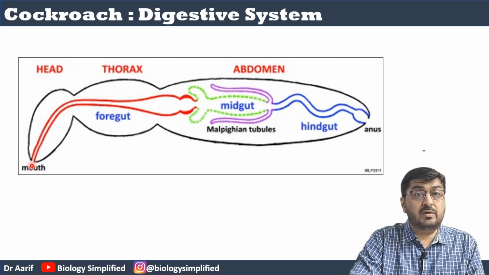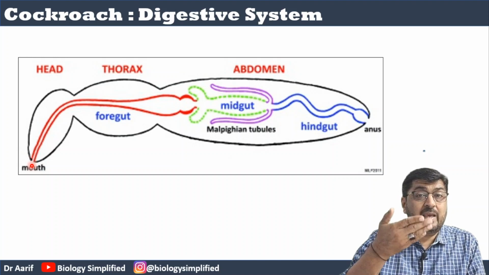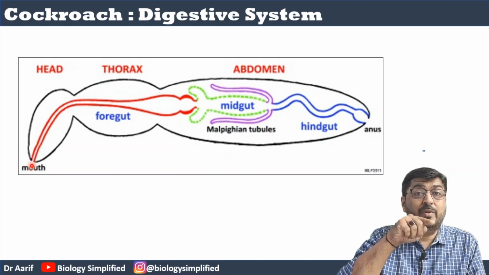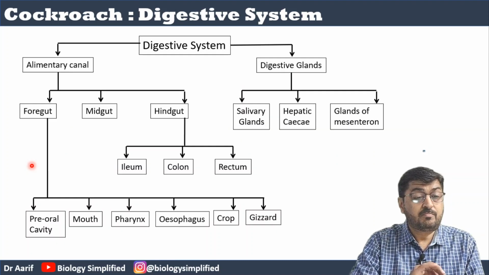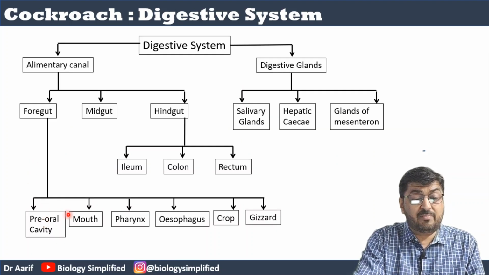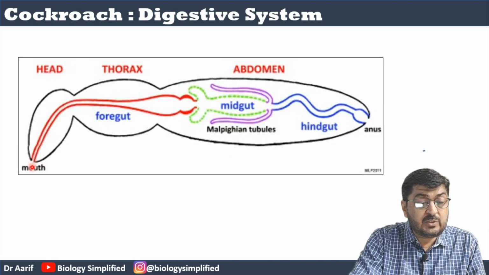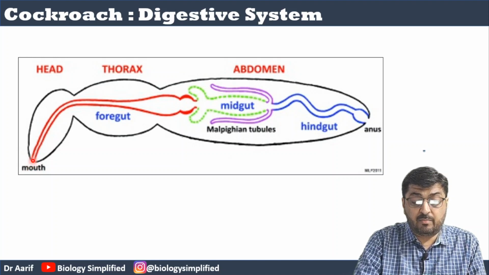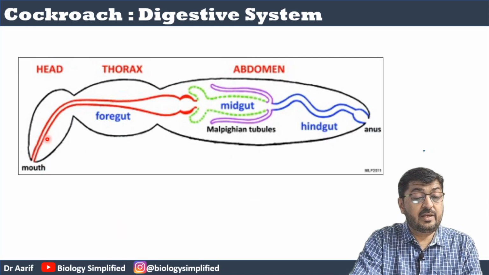Remember the mouth has got four parts: labrum, labium, maxilla, mandible. So these are all in front of the mouth, right? And in the pre-oral cavity hangs the hypopharynx. We've done that. So after the pre-oral cavity comes the mouth. The mouth is first preceded by the pre-oral cavity, which comes here. After that the mouth, then we have the pharynx.